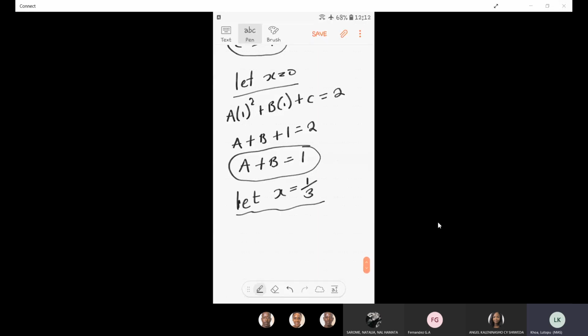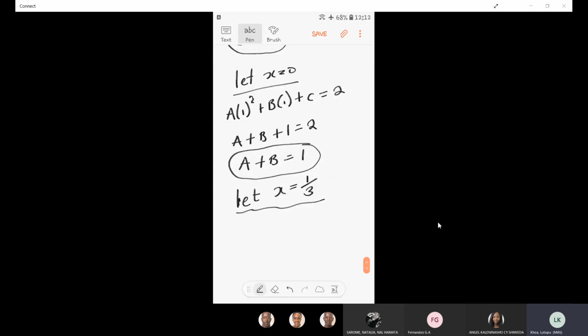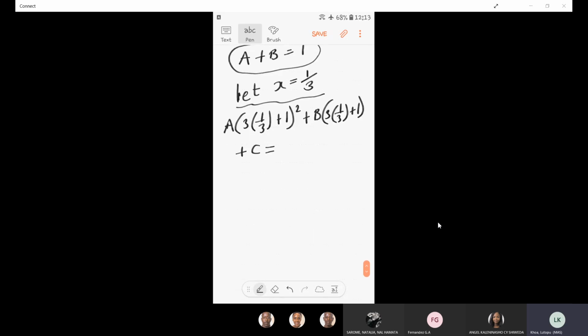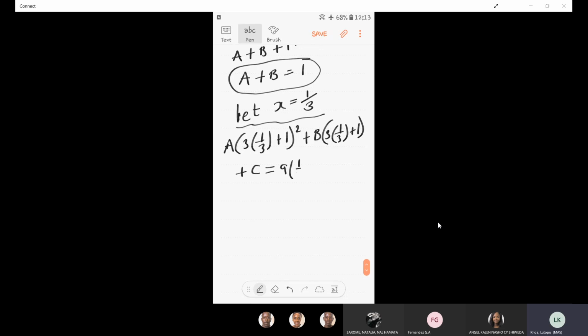Okay, then when x is equal to 1/3, I will have A times (3 times 1/3 plus 1), this is being squared. And then B times (3 times 1/3 plus 1). And then C is not multiplying by anything, it's just there. And this should all be equal to 9 times 1/3 squared plus 6 times 1/3 plus 2.